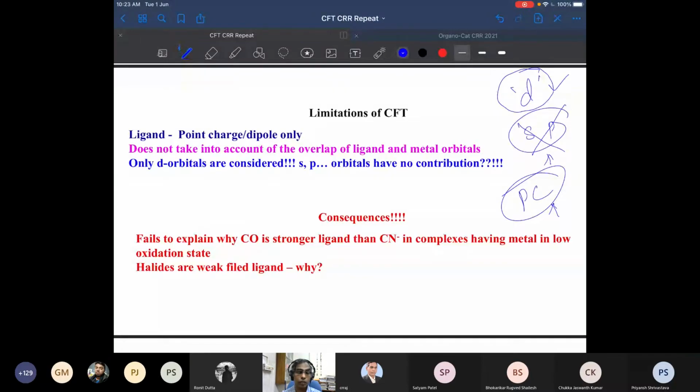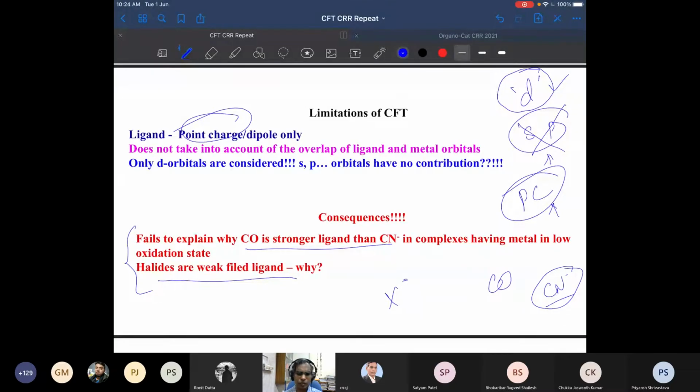So the crystal field theory failed to explain carbon monoxide, a carbonyl ligand, or CN minus as a strong field ligand. If CN minus is a negative charge and the point charge assumption is 100% correct, CN minus should be strong, and X minus, the halides, should also be strong. But that is not the case, and the halides are weak field. You cannot explain this simply with the help of crystal field theory.